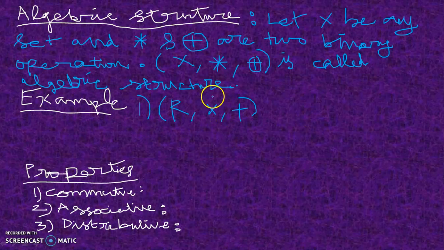This is one binary operation, this is another binary operation, and this is the set of real numbers. So definitely this mathematical structure, I call it an algebraic structure. So this is a good example for algebraic structure, where R is the set of real numbers, this is multiplication, and this is addition as we define in number theory.